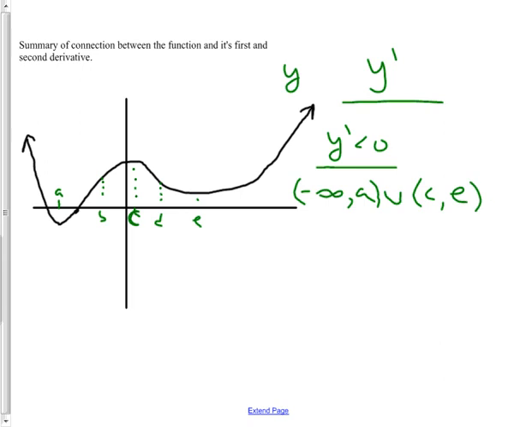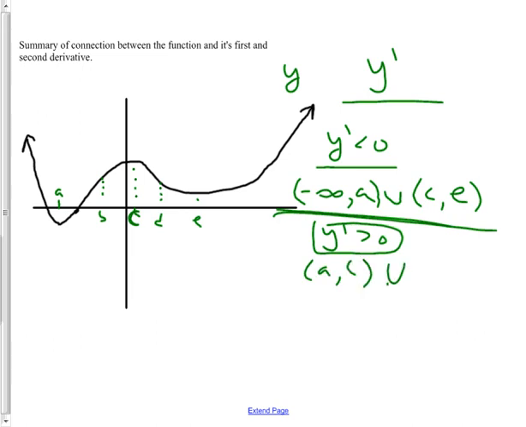And y prime is going to be greater than 0 for the other values, when my function is increasing, so from a to c and e to infinity.